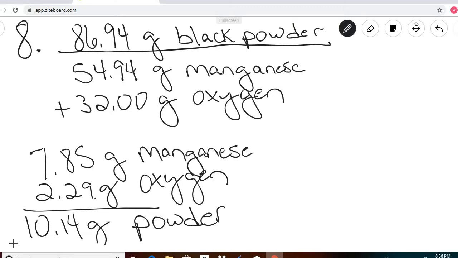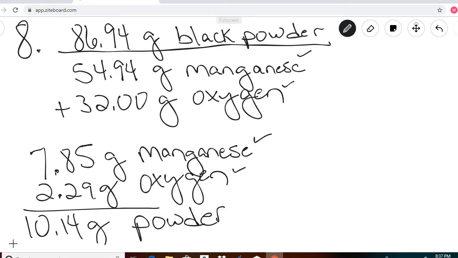So for this one, the thing that you have to remember is that if two compounds are mixed together in the same proportions, then they will produce the same chemical, the same outcome. So what we need to do is look at the ratio between the manganese and the oxygen in each case.